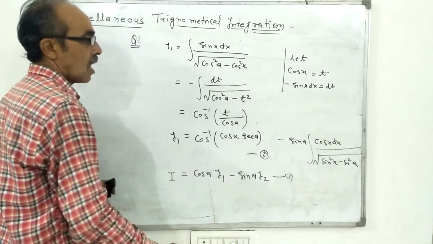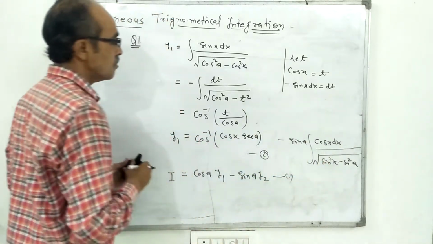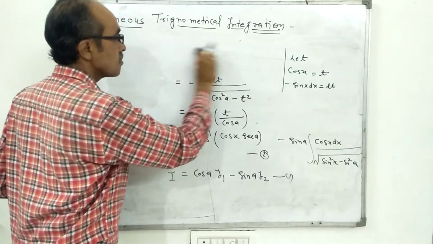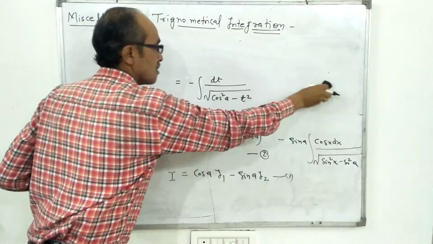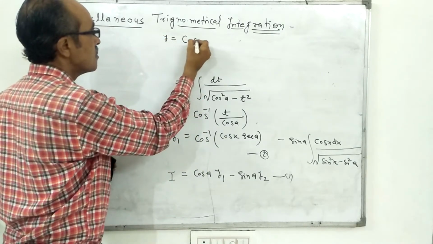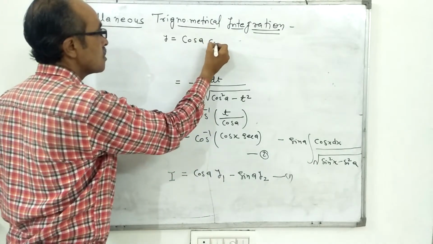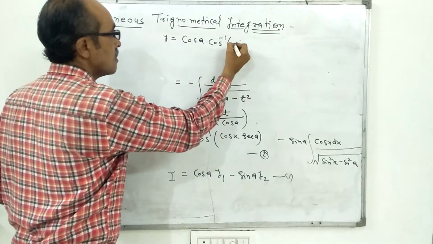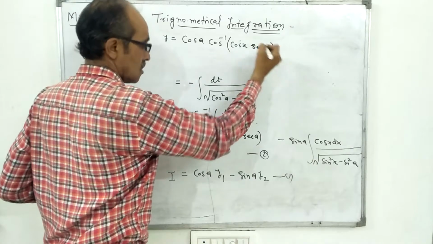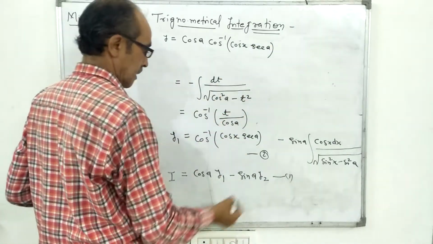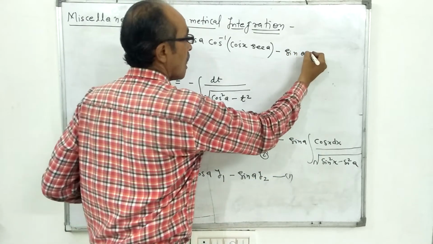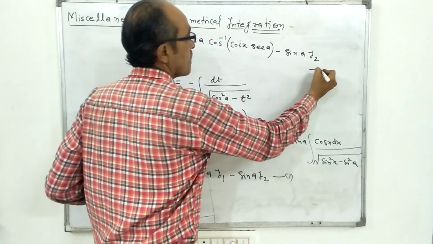Now I write the value of the integral I as cos a times cos inverse of (cos x divided by cos a) minus sin a times the integral I2. This is equation number 3.